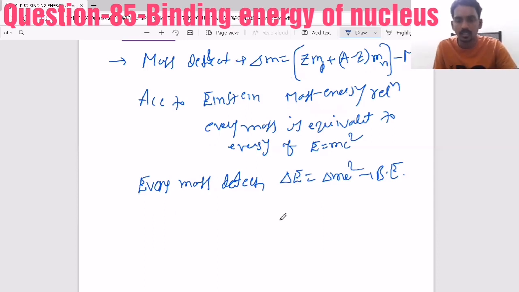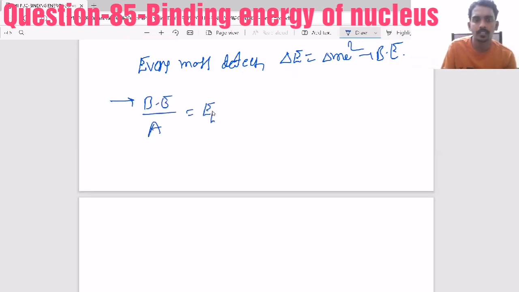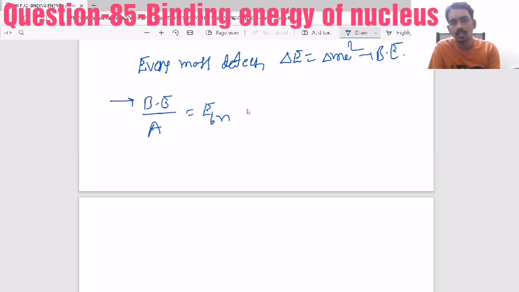So the binding energy is nothing but the energy equivalent to the mass loss, or mass defect, after formation of an atom from some number of protons and neutrons. That is the binding energy. And here comes the binding energy per nucleon. This is the binding energy for all the nucleons, and if they are asking binding energy per one nucleon, then you have to divide by the mass number.